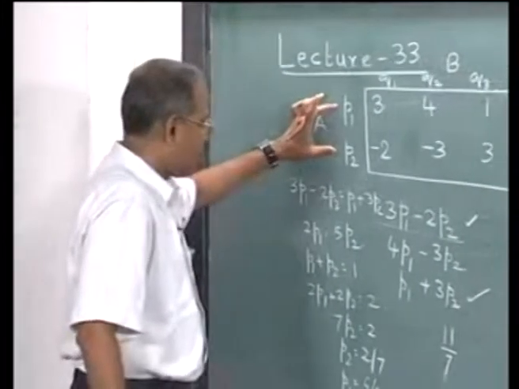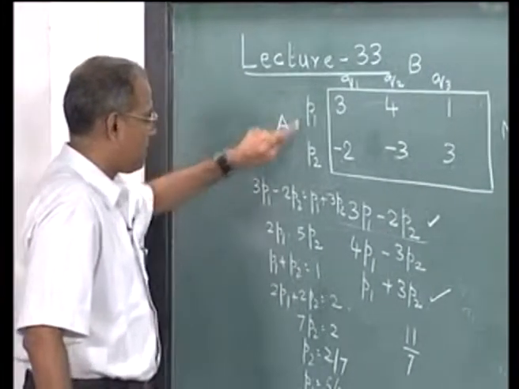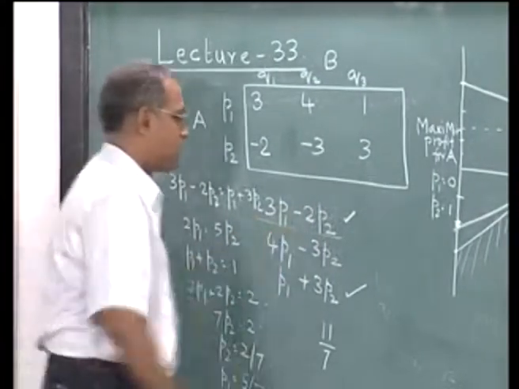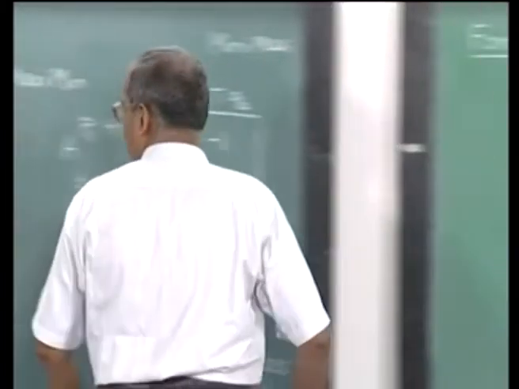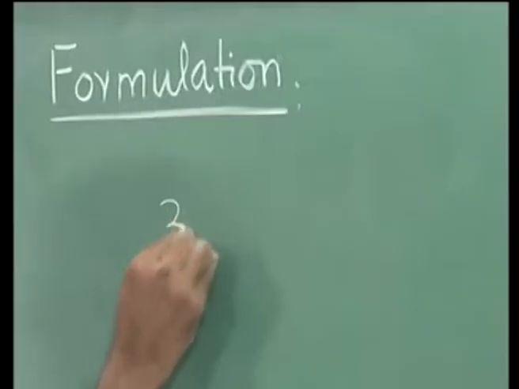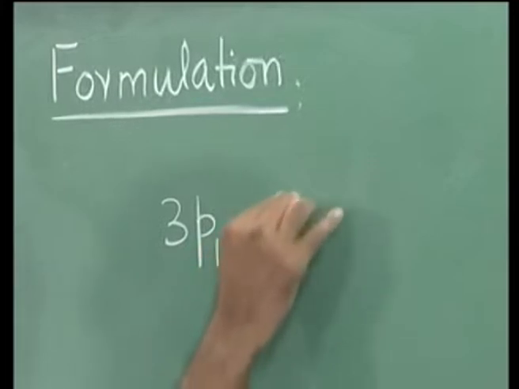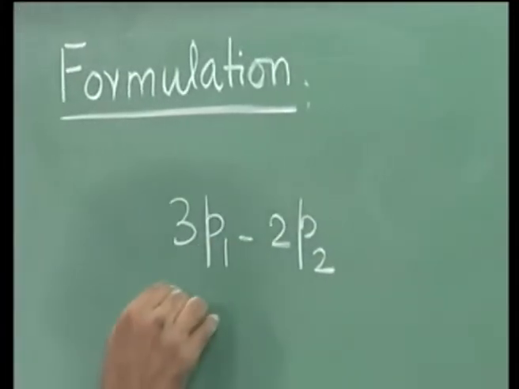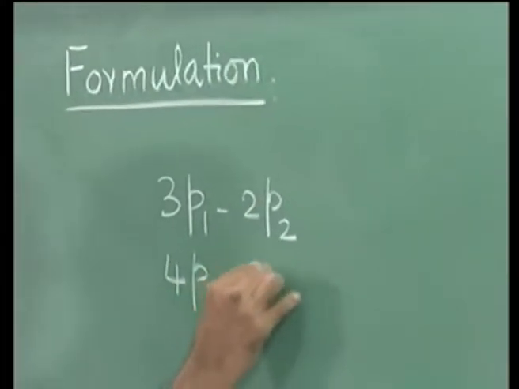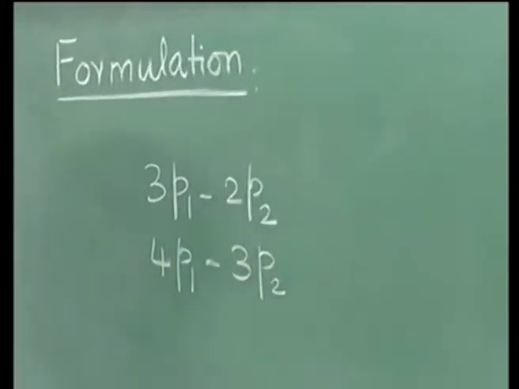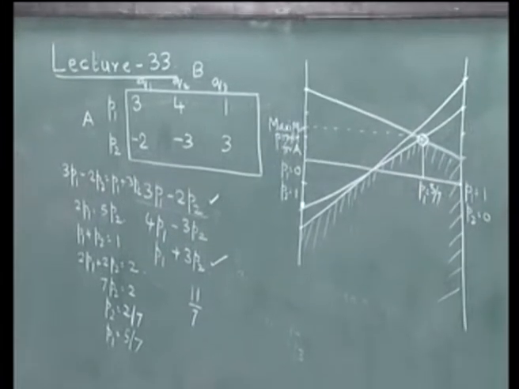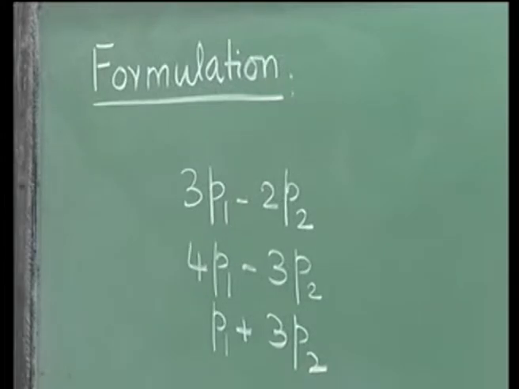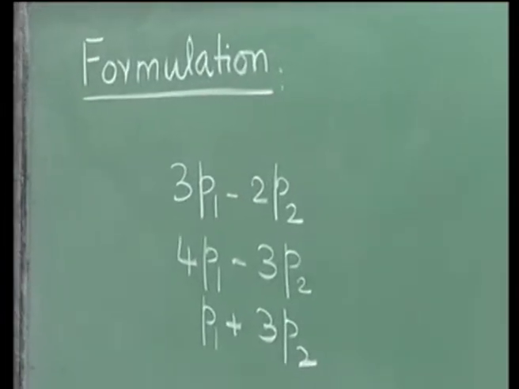Now, we said that A would like to find out what P1 and P2 are, and we also said these are the 3 profits for A. So, A's 3 profits are 3 P1 minus 2 P2, 4 P1 minus 3 P2 and P1 plus 3 P2. And we also said that A will follow a maximin strategy.